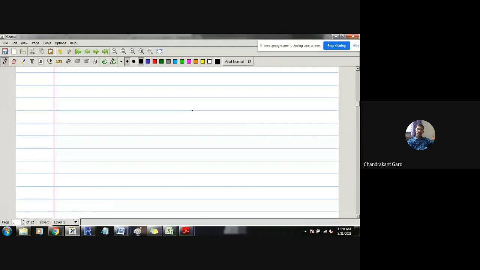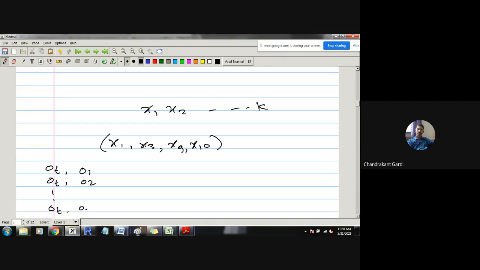So what we will do is, even if there are k variables, we will point out certain variables based on the data. Suppose we consider a subset, say x1, x3, x9, and x10, where there is diversity in the data. We'll focus only on those particular variables and calculate distances between observations, OT and O1, OT and O2, similarly OT and O10,000.